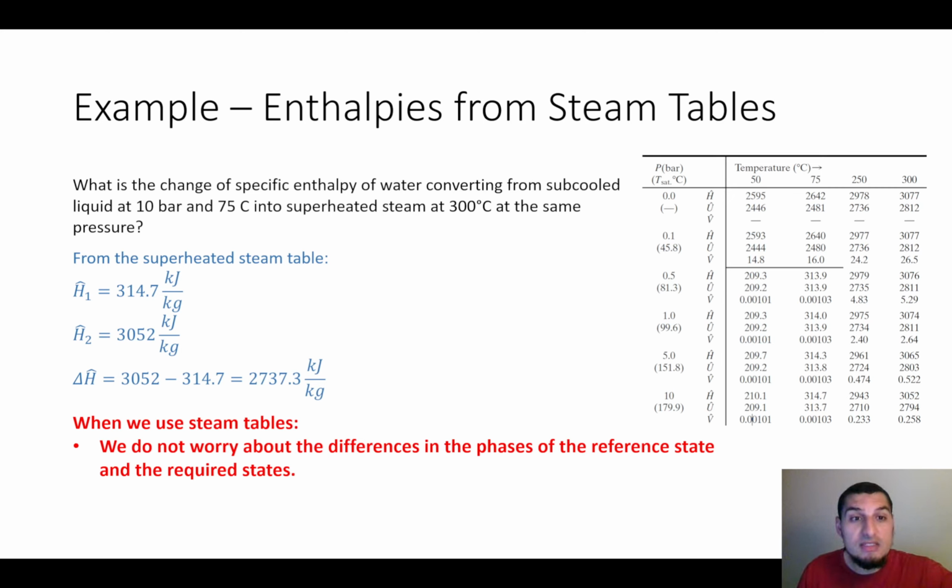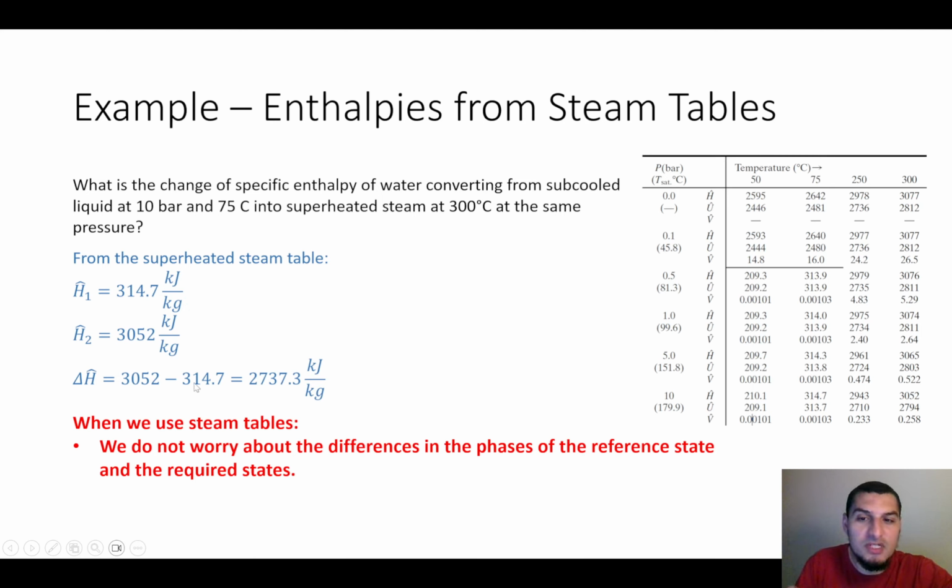The second point is that you don't care if the two states that you are calculating the enthalpy for, H1 and H2, have different phases or not. Here it's liquid, here it's vapor. You didn't even care if there is a difference. You just go to the table, pick up the numbers. As long as you're picking them right, you're done. It's a piece of cake.